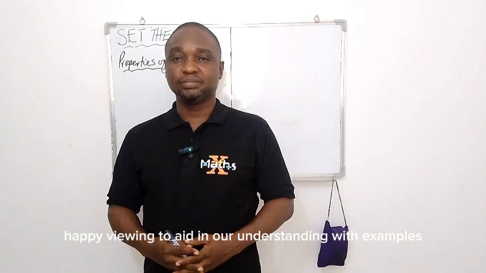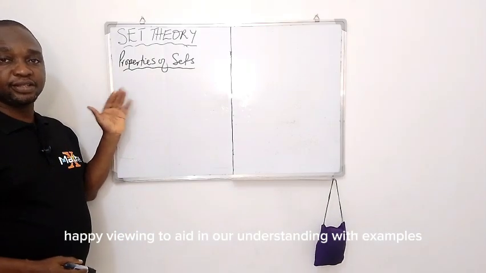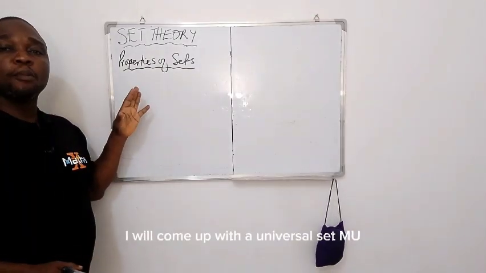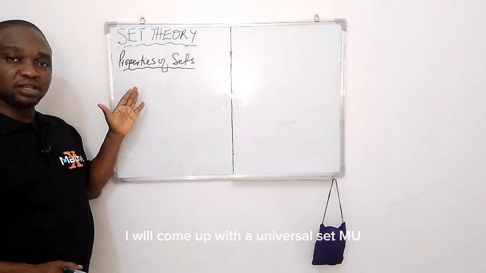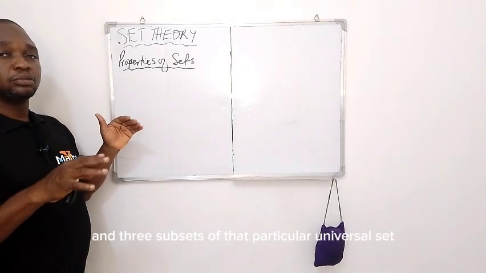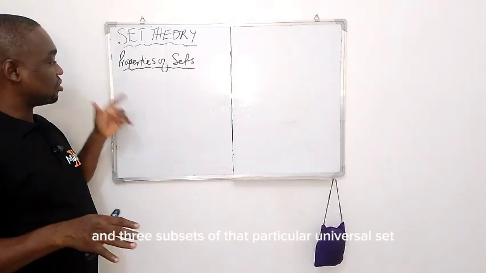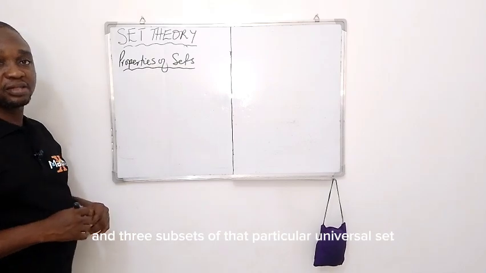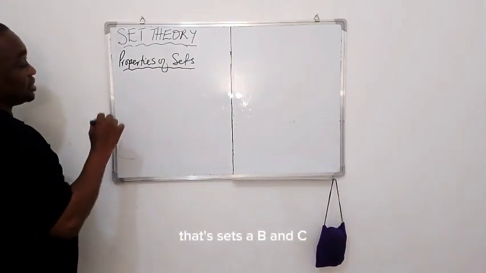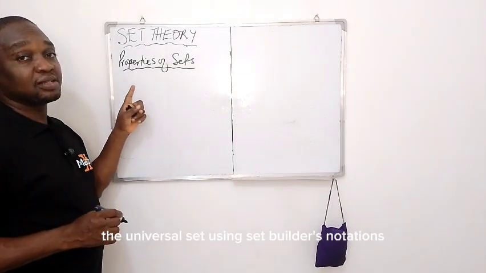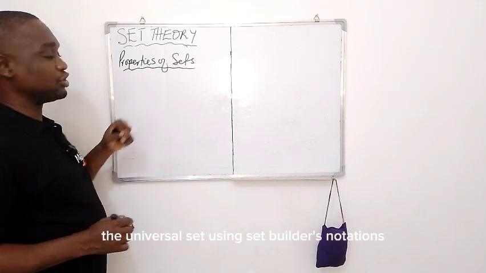Happy viewing. To aid in our understanding with examples, I will come up with a universal set mu and 3 subsets of that particular universal set, that's sets A, B, and C. I will write the universal set using set builder notation.